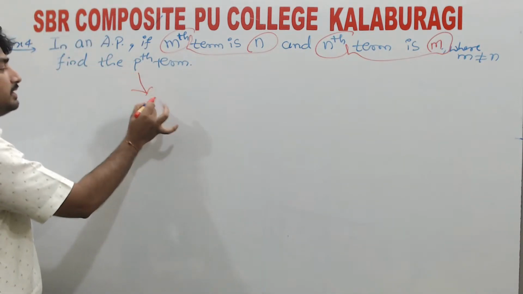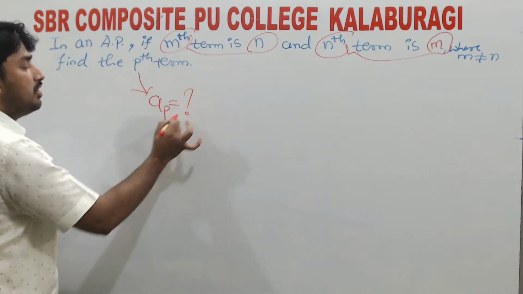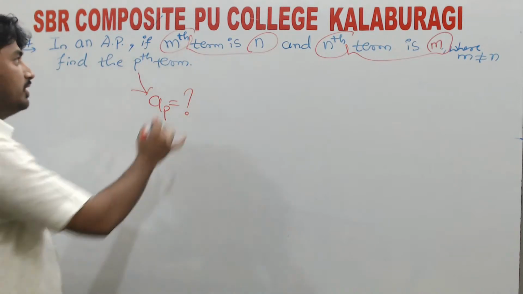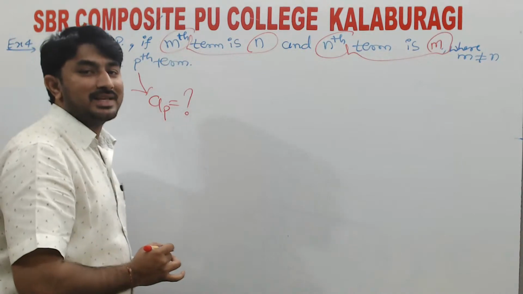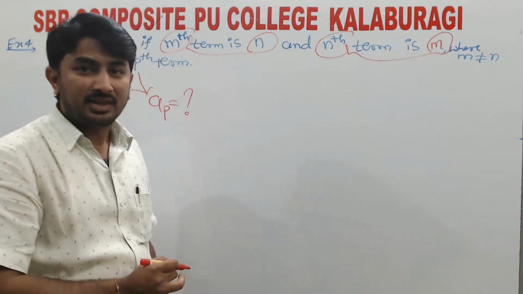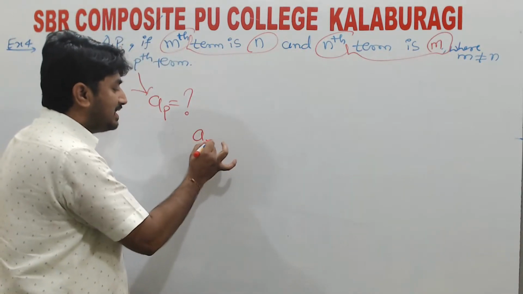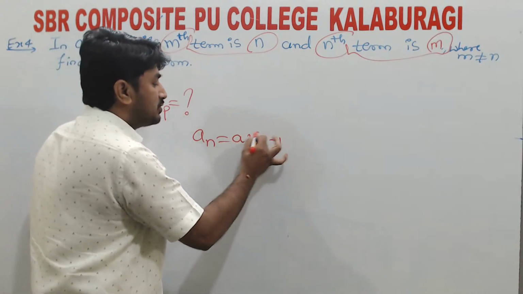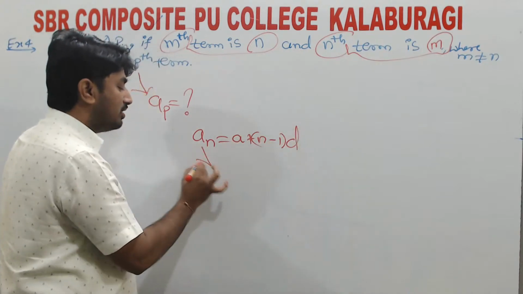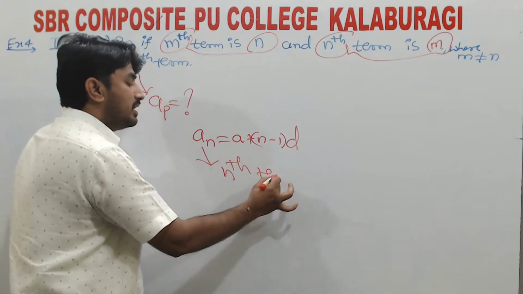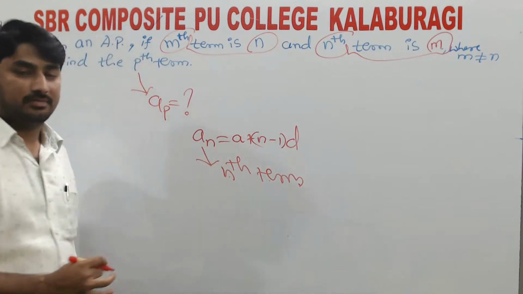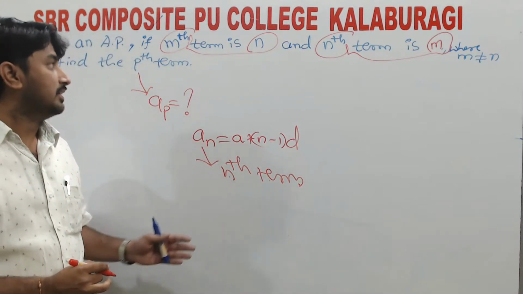Already we know the general formula, called the nth term formula: a n equals a plus n minus 1 into d.